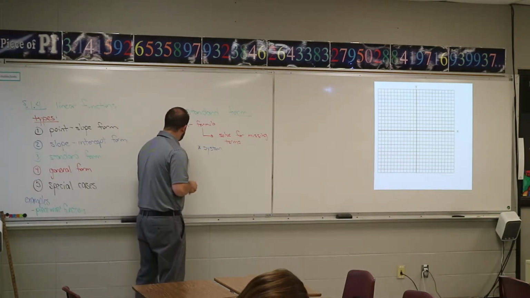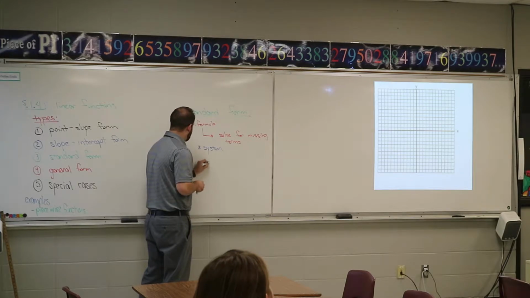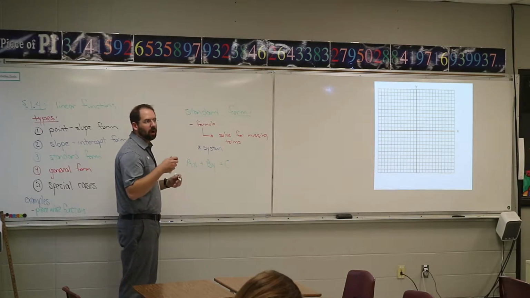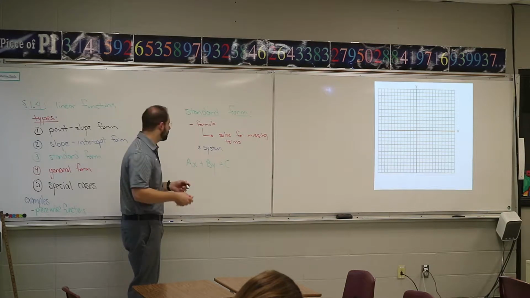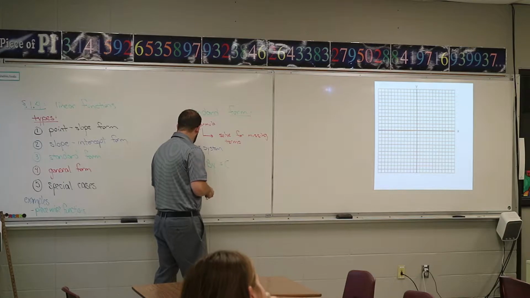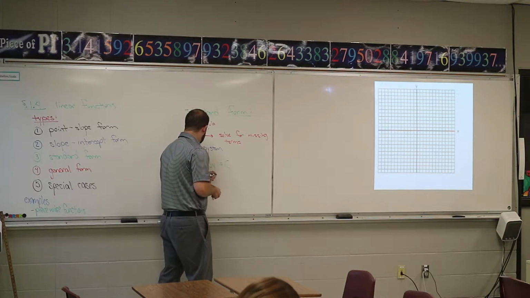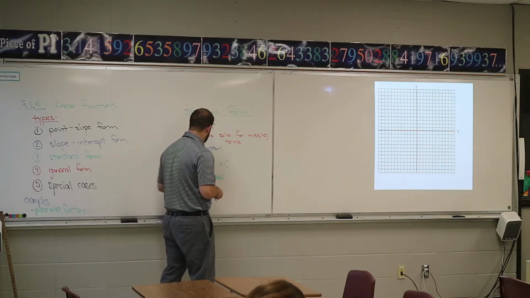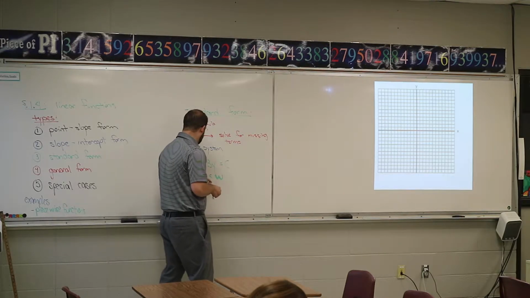It's ax plus by equals c, where a, b, and c are whole numbers, or integers. So a, b, and c belong to the whole numbers, or I don't know why they always use a weird double line w, or they belong to the integers.